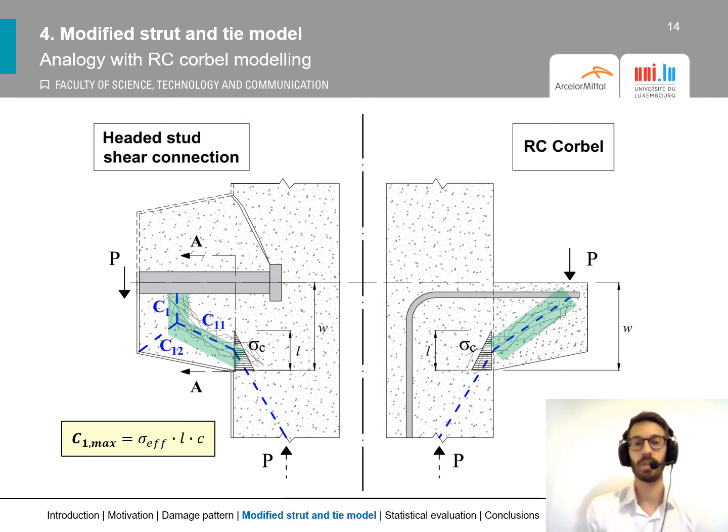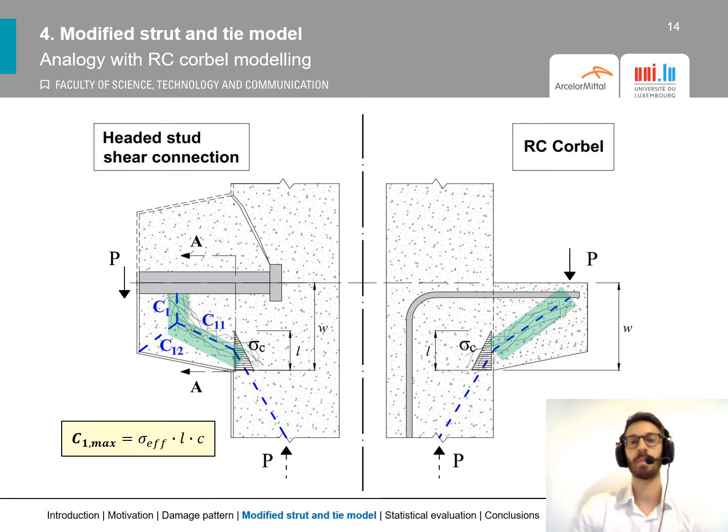So from these considerations, we have proposed a simplified expression of the maximum value of the strut, C1 max, equal to a certain effective stress times an effective width L and an effective depth C along the transversal direction.